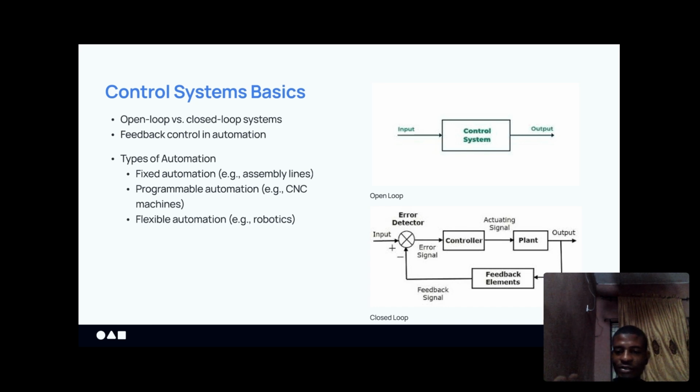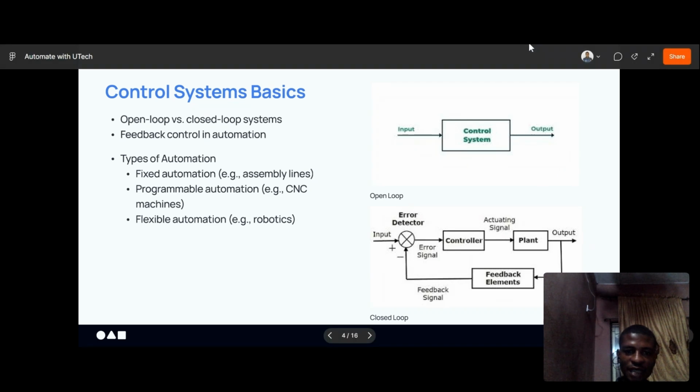If there is a difference between them, it adjusts the input so that the output can be as close as possible to the input. That's what this closed loop is talking about. In reality, most times those feedback elements are usually sensors. Sensors are devices that monitor different types of parameters.